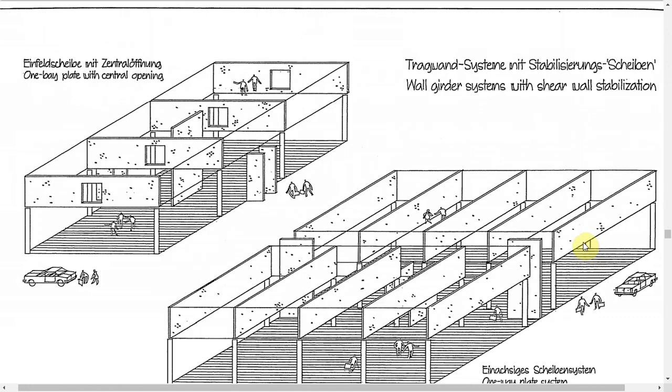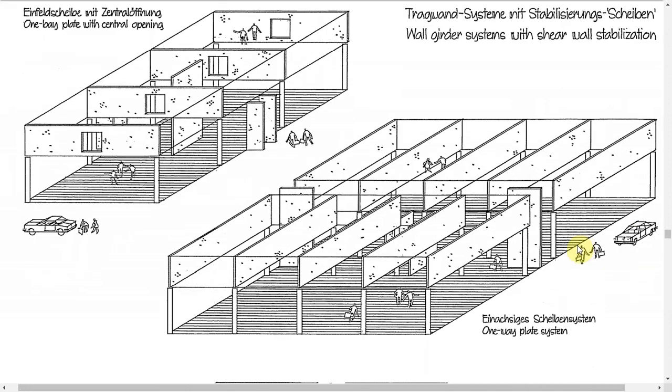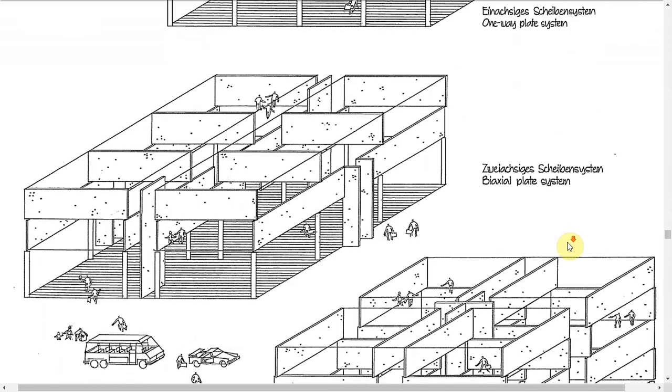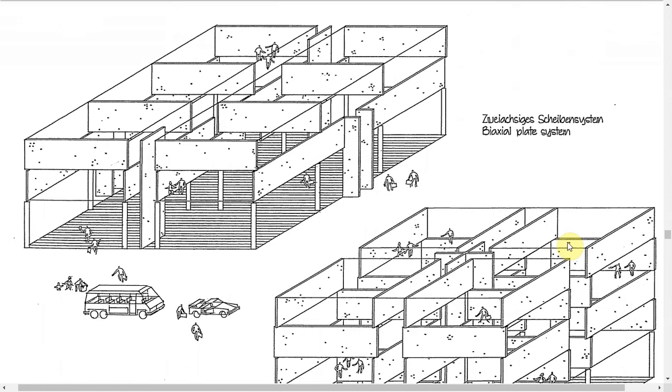And in the first figure, what we see is the one-way plate system, in which the girders are along the longer span and in a single direction. Now, this figure shows the biaxial plate system. There are two sets of girders which have alternatively been used, one over the other, along with the shear walls in these diagrams, right.